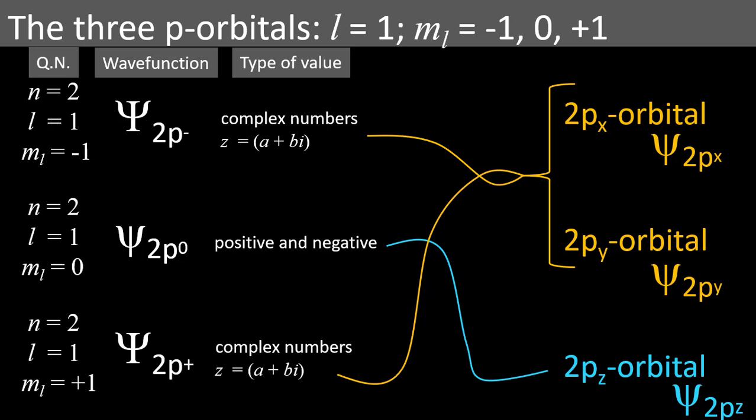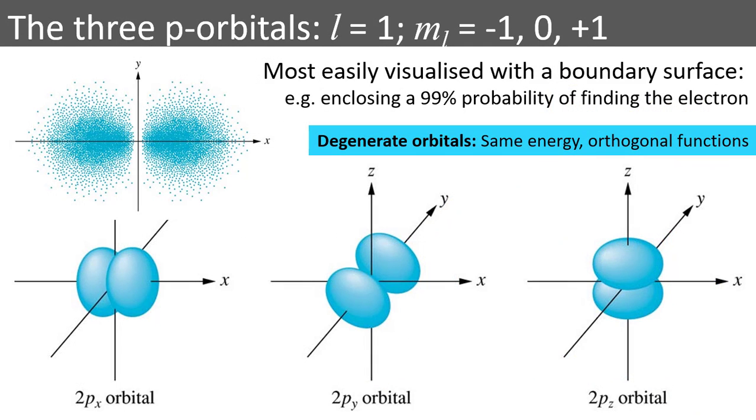So together, for l equals 1, we have a set of 3 orbitals with lobes, each directed along the x-axis, the y-axis and the z-axis. Because they all have the same energy, we call all of these orbitals degenerate.